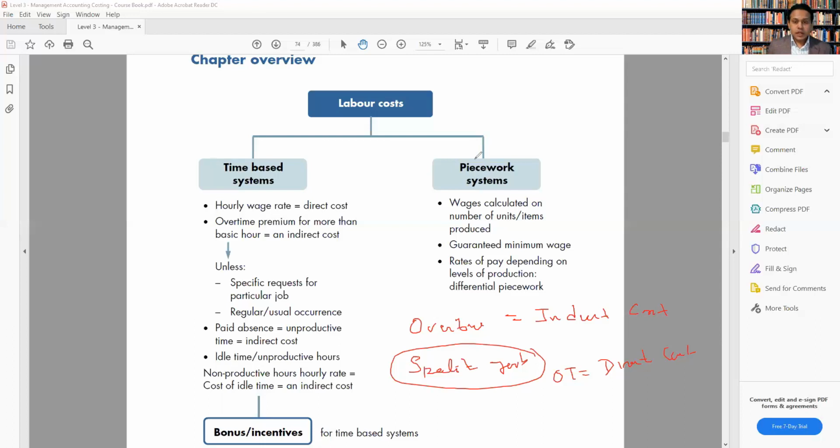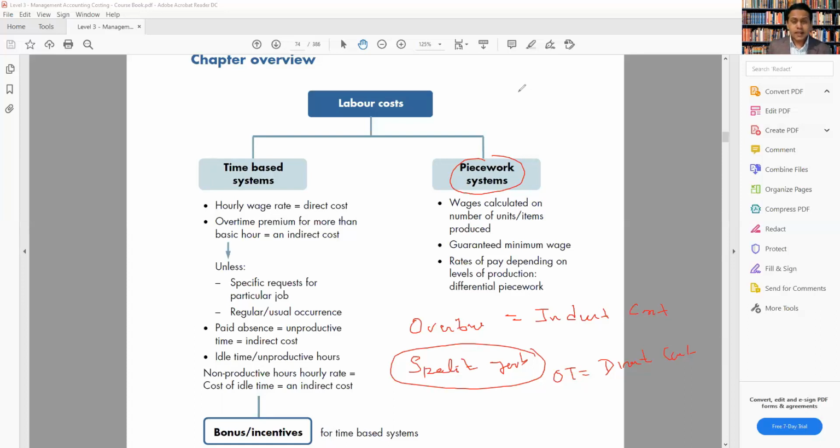The next point I'm going to discuss is the piecework system. Now the piecework system is quite common. Piecework system is when the work is determined by the number of outcome, by the number of output. For example, it's not how many hours you work, rather how many products you can make.